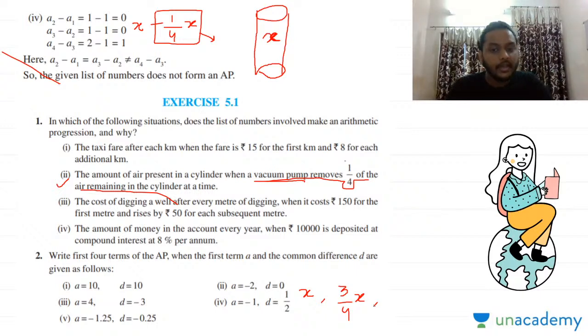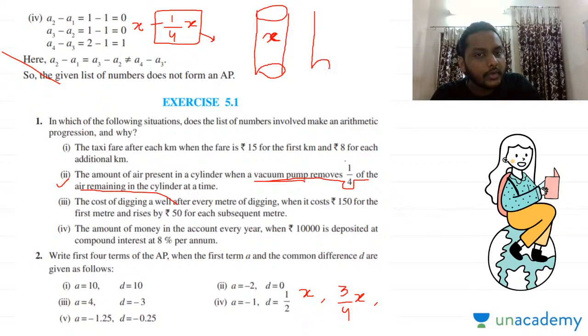देखो अब मेरी बात सुनो, अब आपके पास सिलेंडर में कितनी एयर रिमेनिंग है? In the cylinder right now you have 3x/4. This is the amount of air present in your cylinder right now, 3x/4.